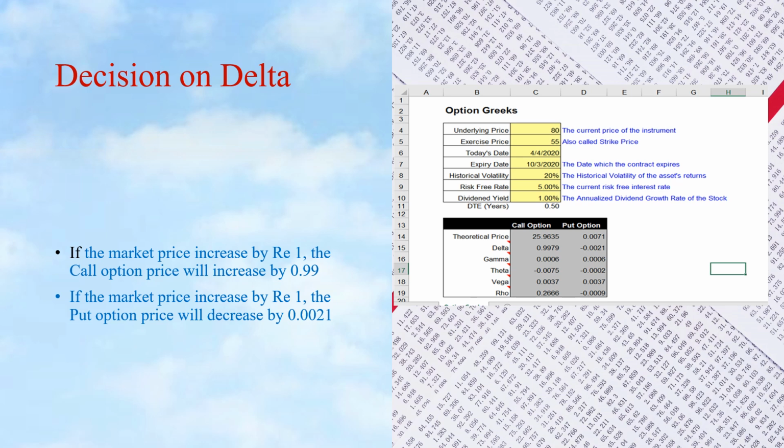But in case of the put option, if the market price increases by 1, the price will decrease by 0.0. That means no change. You can see the put option is the reverse one. So that is the decision based upon the delta.